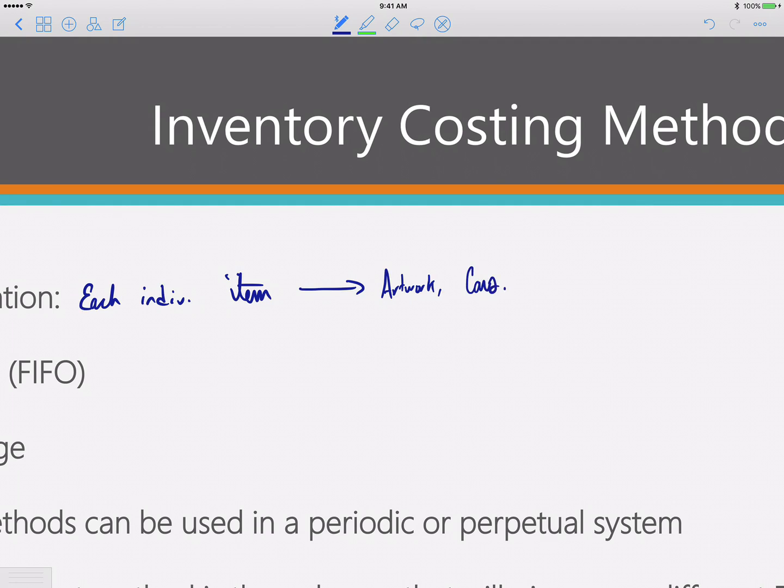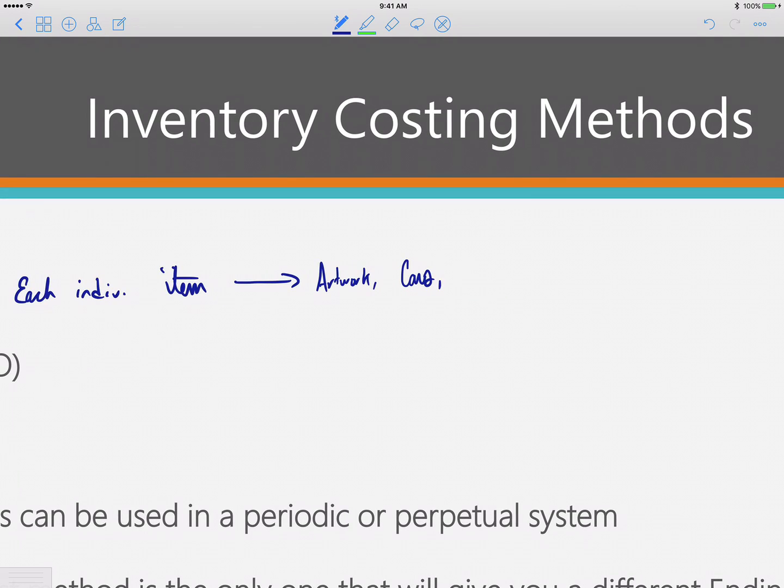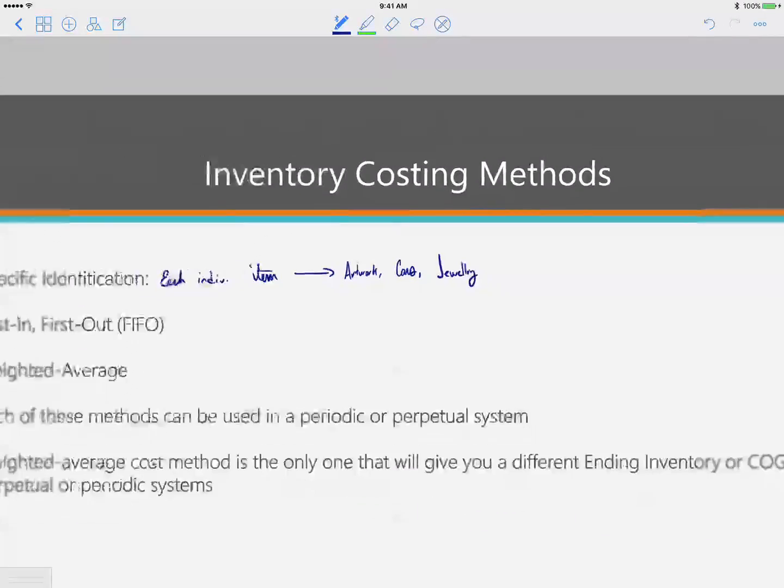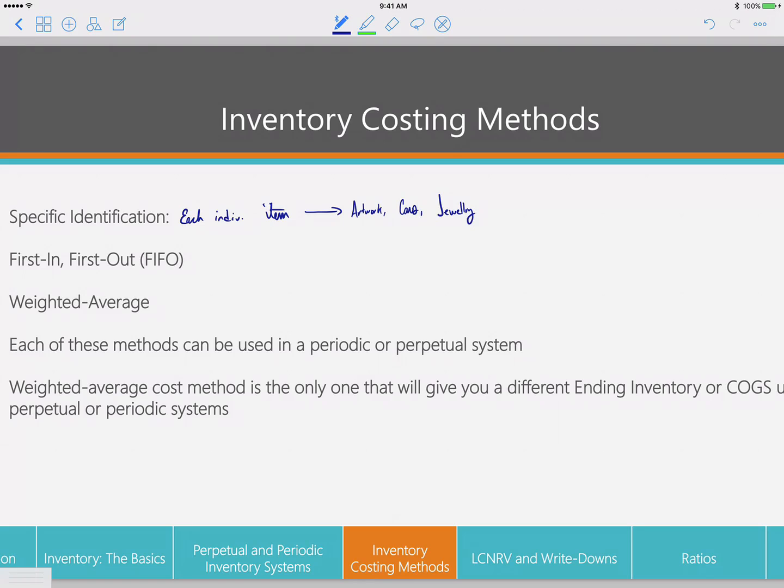A car dealership would know exactly how much this car cost. Stuff like jewelry, you would know exactly how much that would cost also. So specific identification is for when you're dealing with high priced and unique items, where you want to keep track of what that specific item cost.